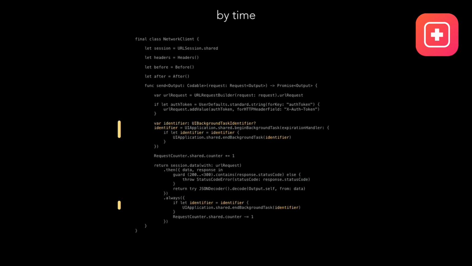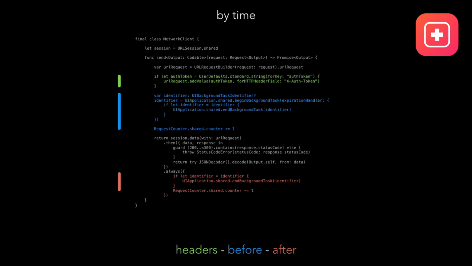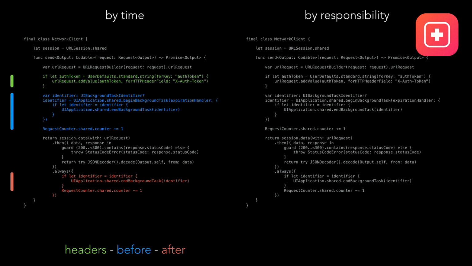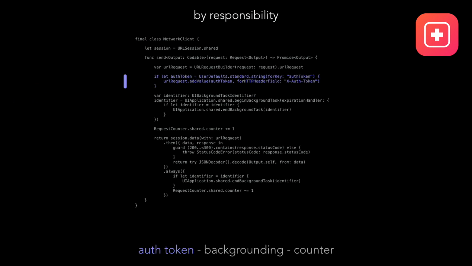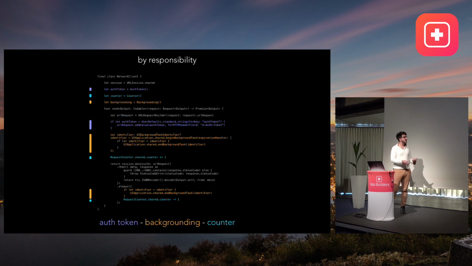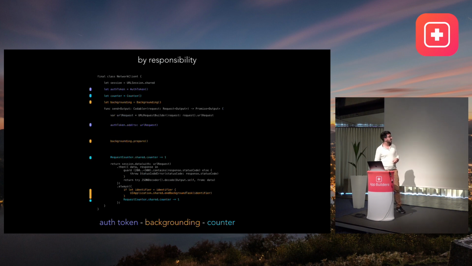And so maybe there's another way we can slice up our code, right? So we looked at what it's like to slice up our code by time. What if we looked at the responsibilities that we discussed earlier, right? So we have our auth token responsibility, we have our background task responsibility, and we have our request counter responsibility. So these 3 responsibilities, we can break them up into their own little objects, and we can pull the code out, and we start to see that this doesn't run into the same state problems.